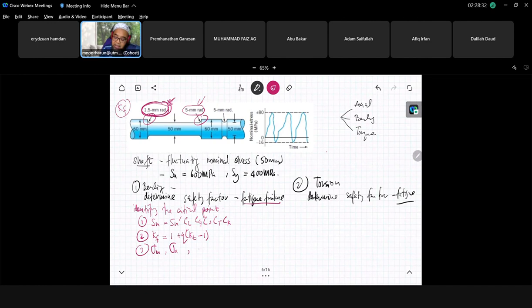After that, we calculate the real values.